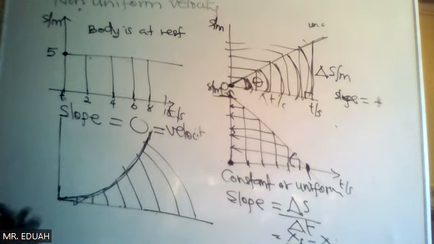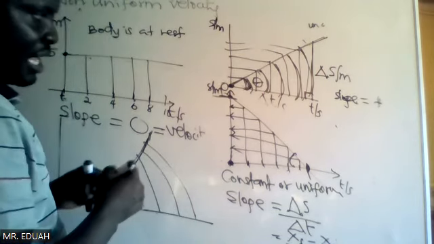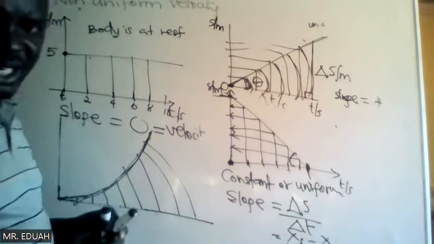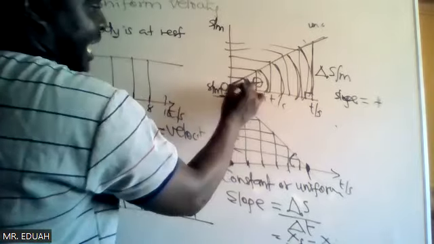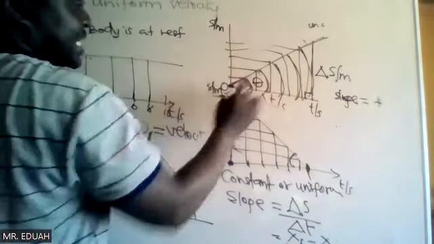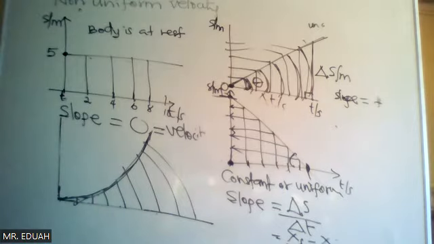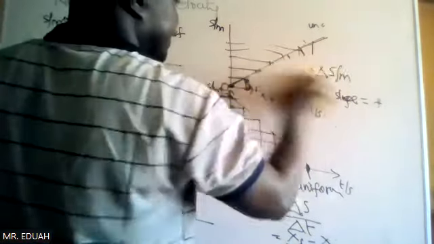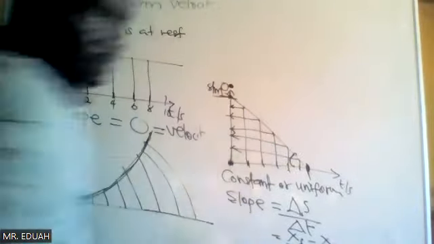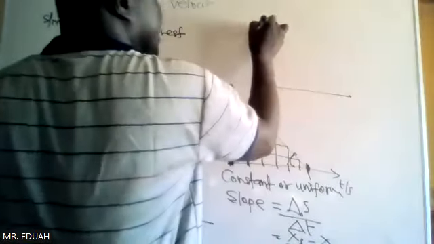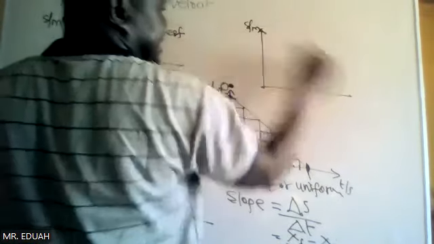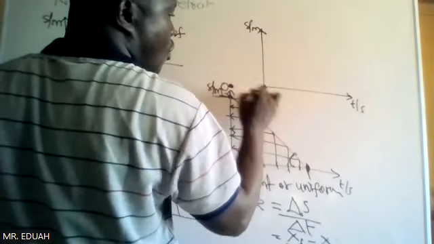Now, if the body is moving away from the origin, the fixed point, then as time increases, the displacement of the body can be increasing. And this is what I'm talking about. Displacement time graph. That is the origin O.